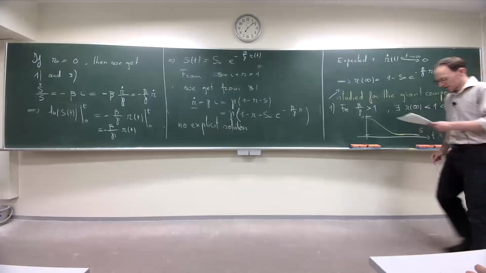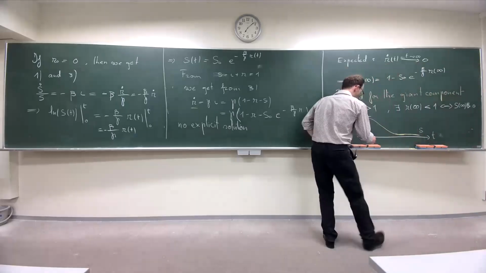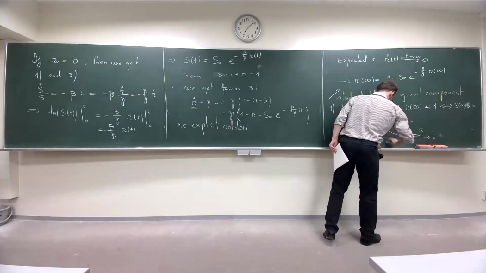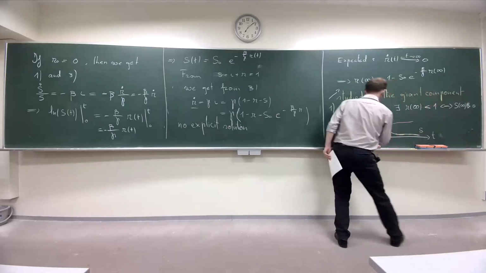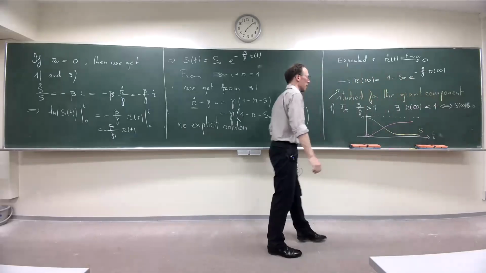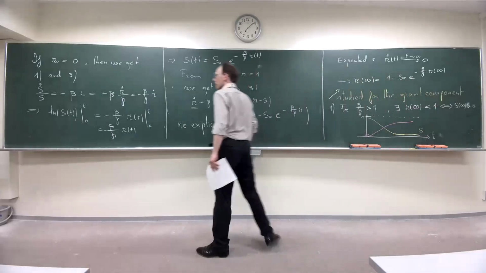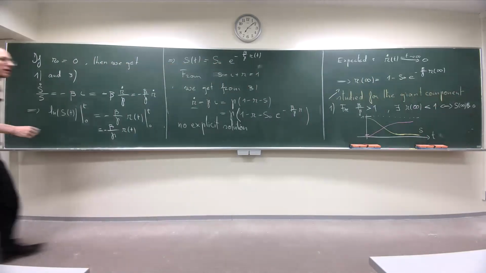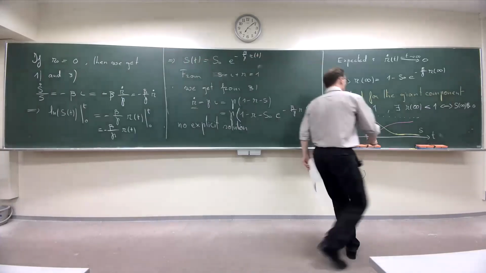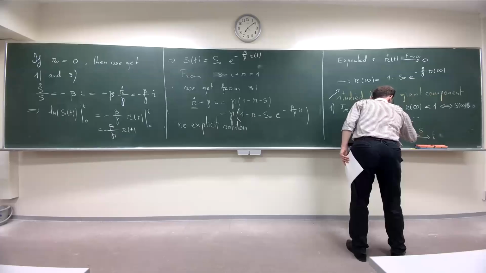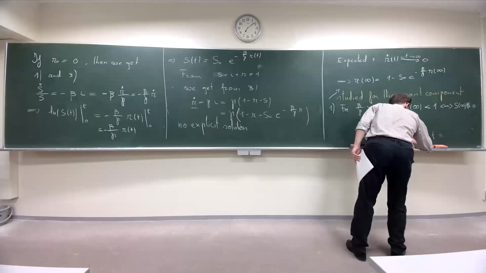Then you have the recovered persons. It's going to do something like this. It's not reaching this line. And you have the infected, which is going, of course, my picture is not perfect, to do something like this.